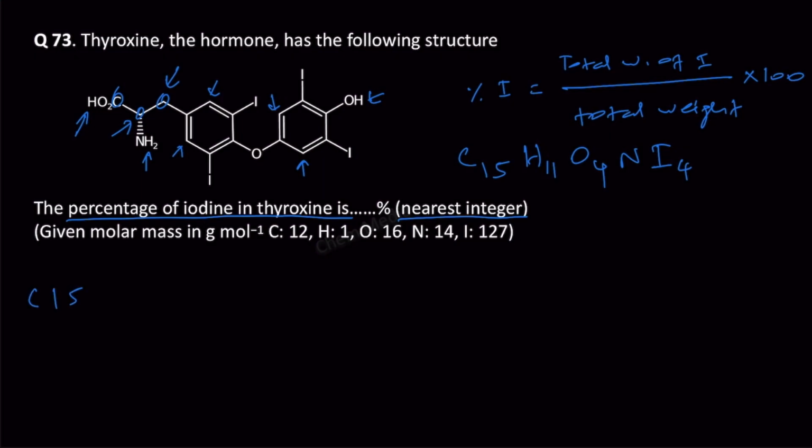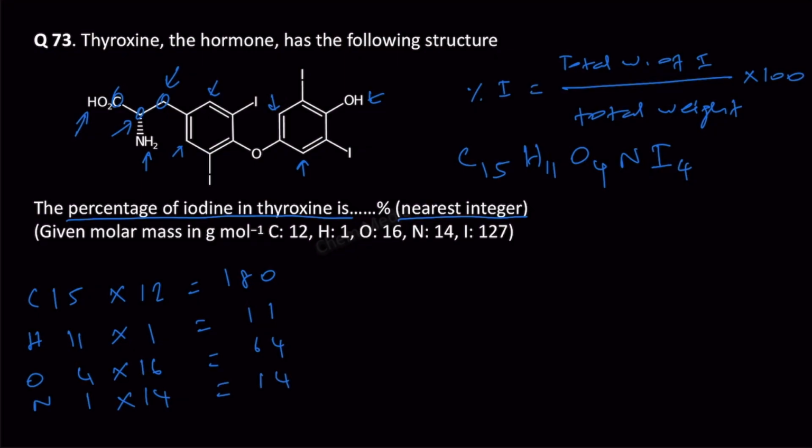Therefore, 15 times 12, that is 180. And then next, hydrogen, we have 11 of them. So 11 times 1, 11. And then oxygen, we have 4 of them times 16, and that is equal to 64. And then nitrogen, there is 1 nitrogen, so 1 times 14, so therefore 14.